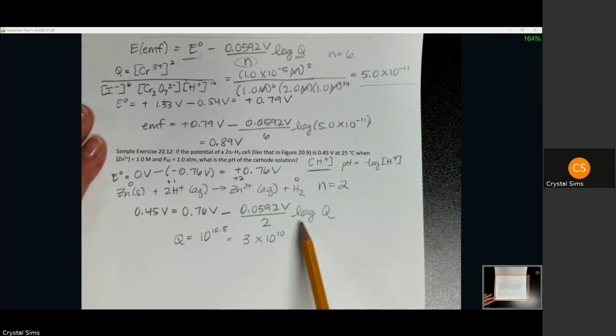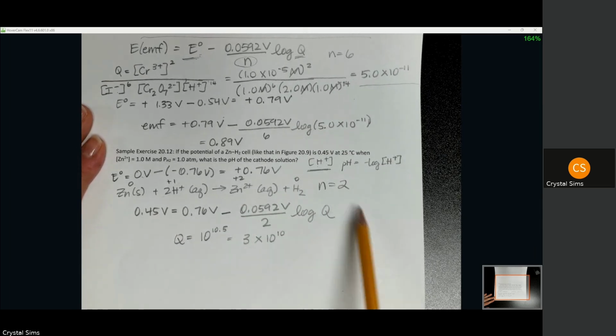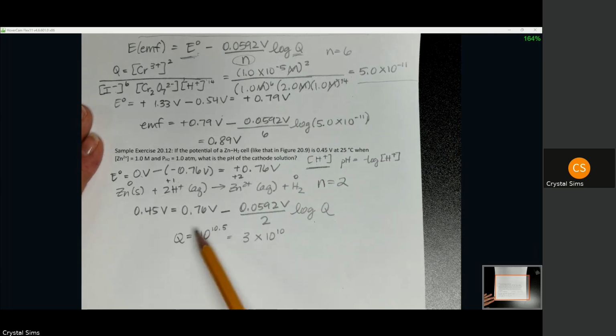Well, remember to take the reverse log here. In order to get rid of the log, I just take 10 and raise it to the power of the value that I got when solving this first piece. When I take 10 to the 10.5, I get 3 times 10 to the 10.